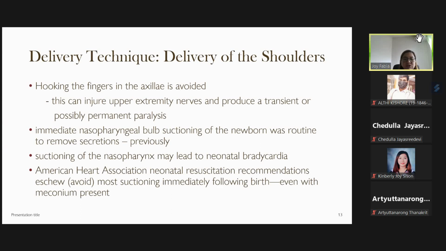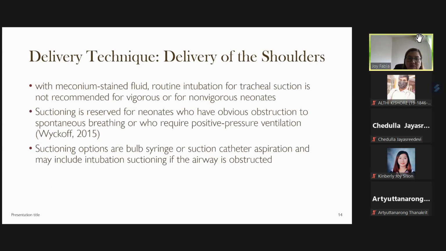But as of now, suctioning of the nasopharynx may lead to neonatal bradycardia, according to some studies. According to the American Heart Association's neonatal resuscitation guidelines, we must avoid suctioning immediately following birth, even if there is meconium staining.